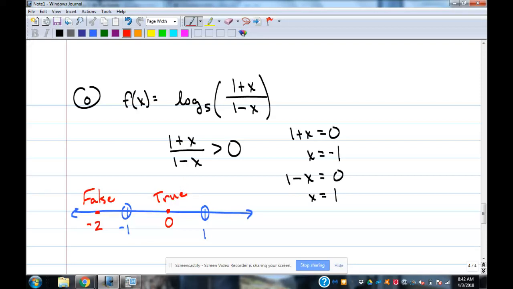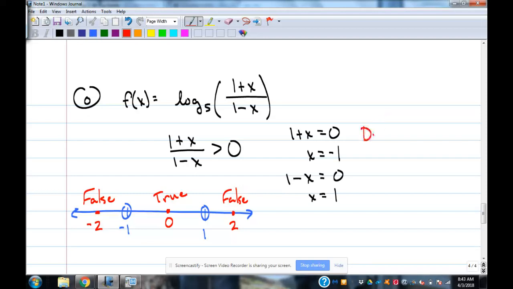And so we've got to plug a number in that's greater than 1 and try it. 2 is greater than 1. Let's use it. 1 plus 2 is 3. 1 minus 2 is negative 1. So 3 over negative 1, is it greater than 0? No, it's false. So our domain is only the numbers that are between negative 1 and positive 1.